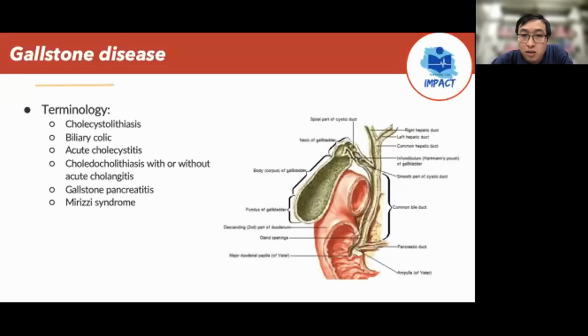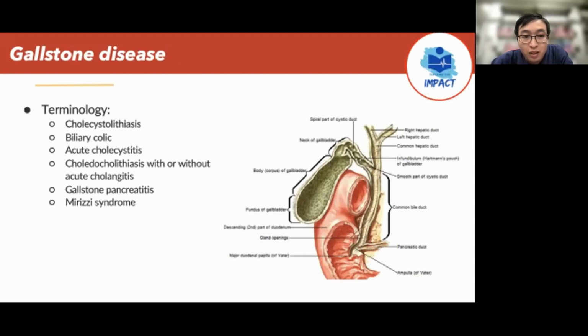So acute cholecystitis, can someone give me a short, sharp definition of that? Probably the most common complication of gallstones. Yeah, cool.